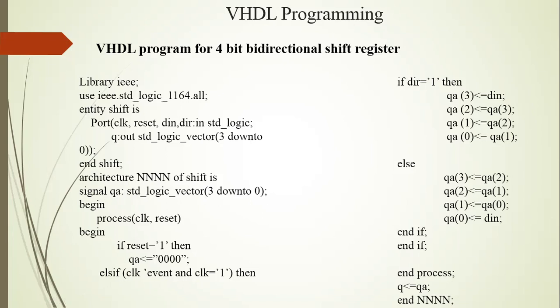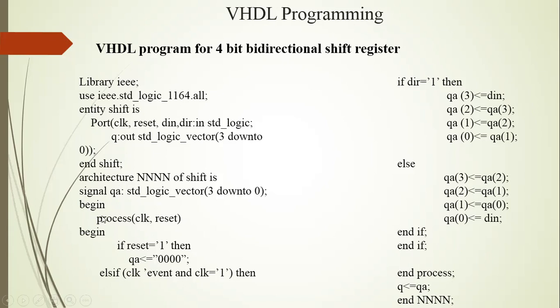So the Q output works as bidirectional. But in the entity, Q is already mentioned as mode out, standard logic vector 3 down to 0. In this architecture the operation is bidirectional on the Q signal, hence you change the signal name Q to QA, signal QA, standard logic vector 3 down to 0.